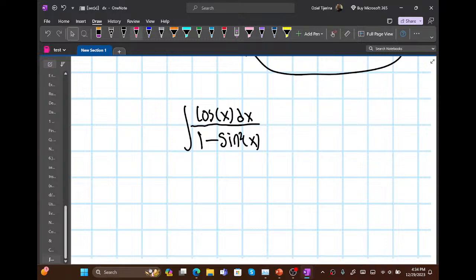It is difficult to know what u would be and what du would be, at least for me. But honestly, just remember that du has to cancel out with the top, at least I think. So in other words, we need to make u equal to sine x.